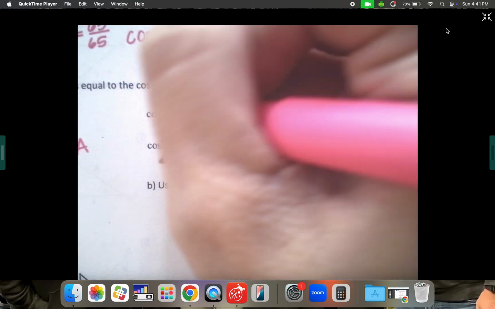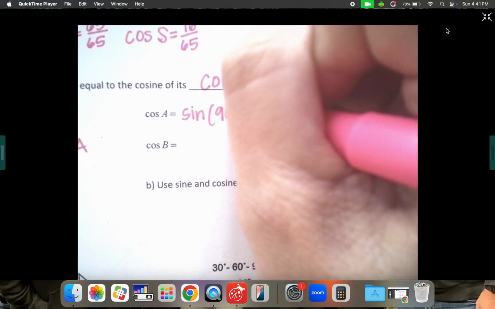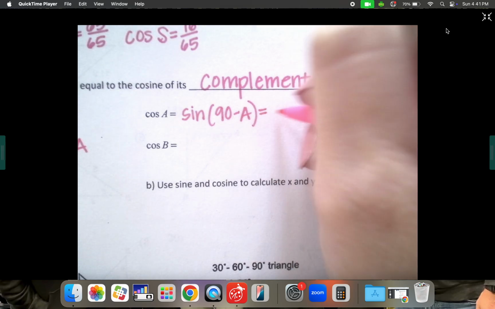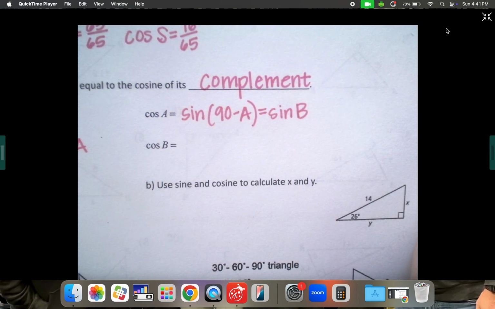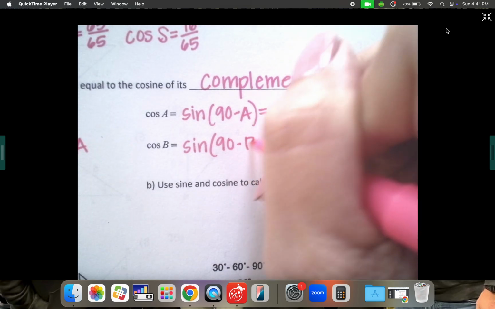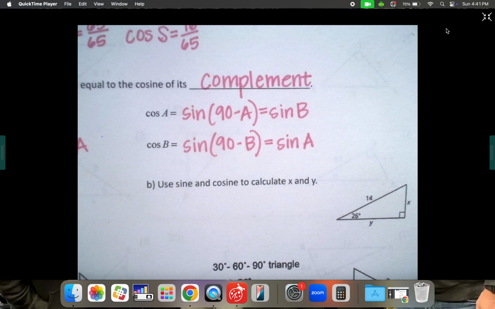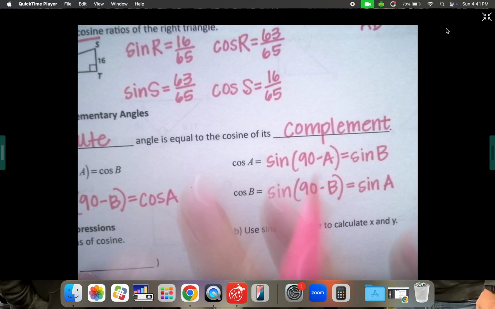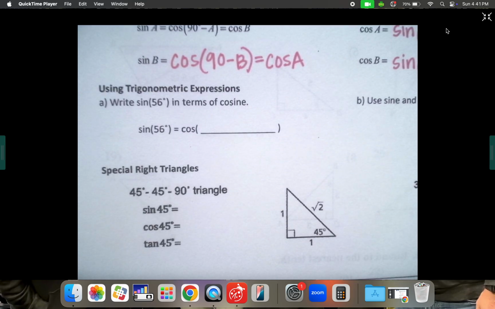Cosine of angle A is equal to the sine of 90 degrees minus angle A, which equals the sine of angle B. And last one, cosine of angle B is equal to the sine of 90 minus angle B, and that is equal to the sine of angle A. As long as you know what I mean by that, writing it all out doesn't really matter.